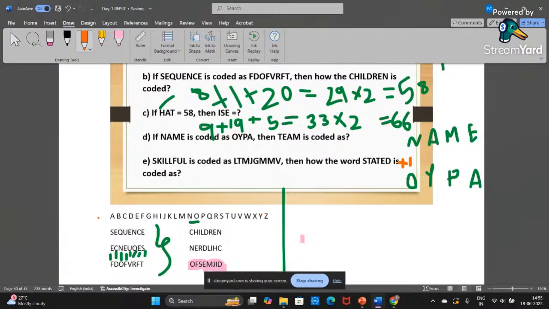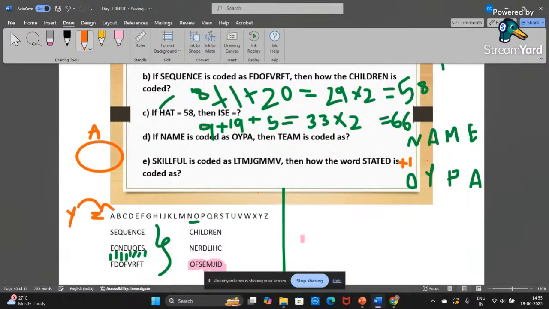So let us think in another way. Think that they went in the reverse way. So before A, think that it is in a circular way. Think backwards. So A backwards means Z. For A, they have written Y. So it is 2 steps backwards.